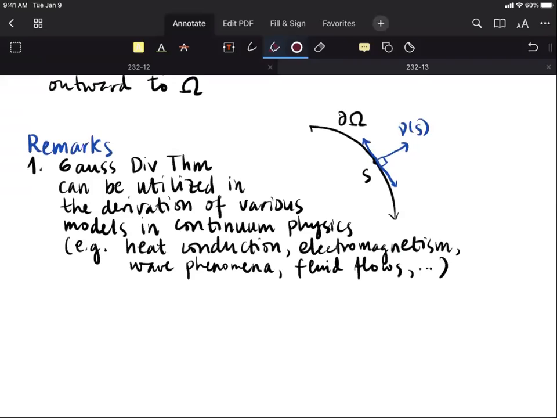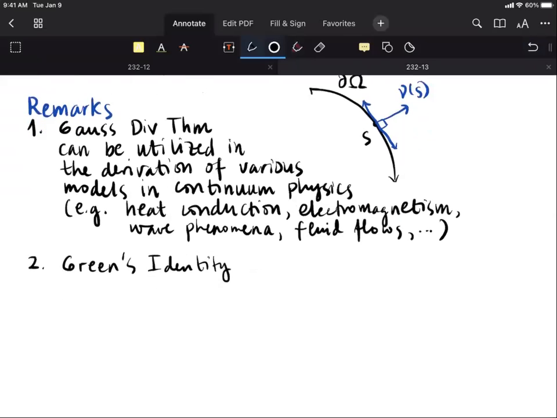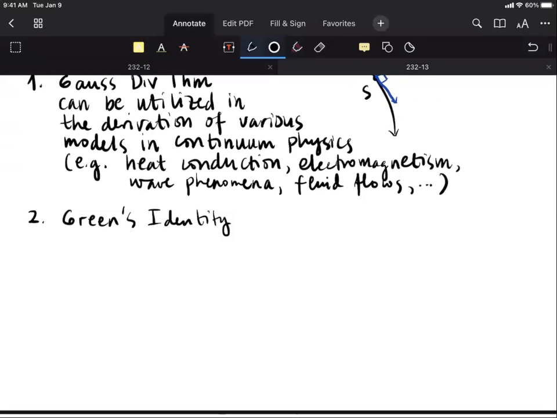It can also be used to prove Green's first identity, and Green's first identity is as follows.